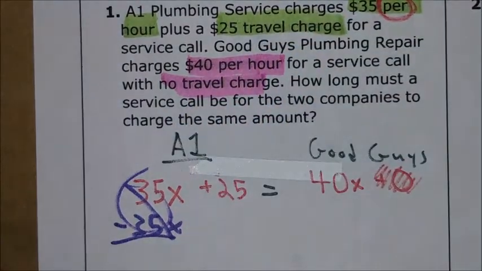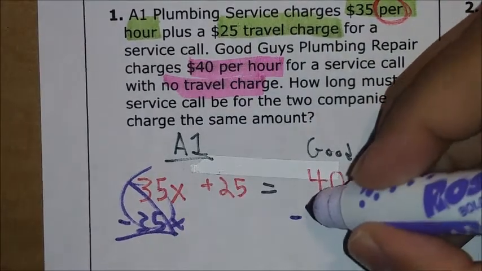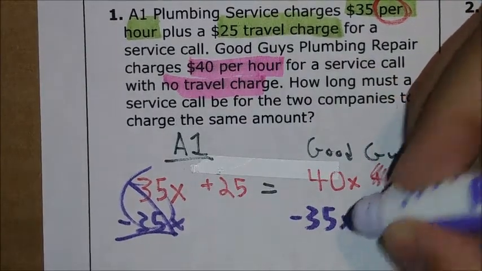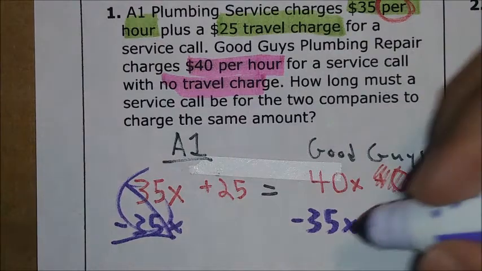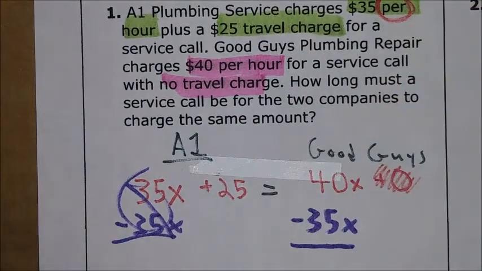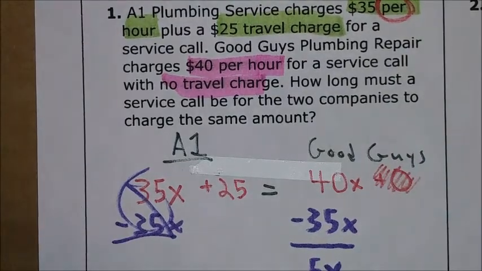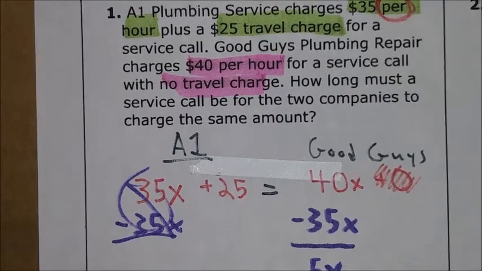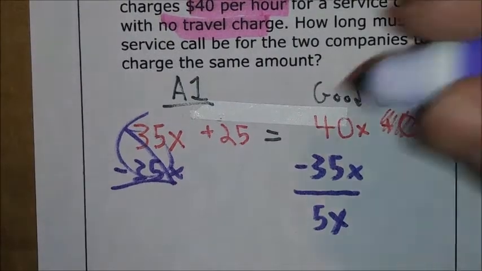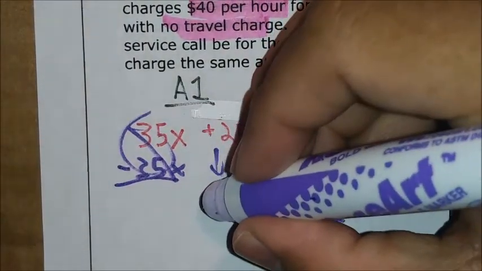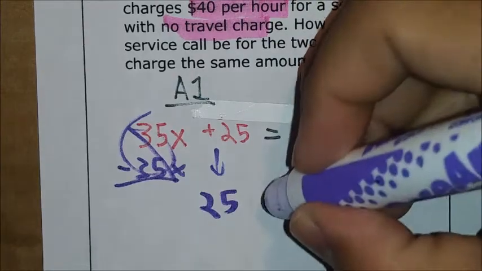That cancels it out. And what you do to one side, you have to do to the other. So that leaves us with 5x, and we'll bring down the $25.